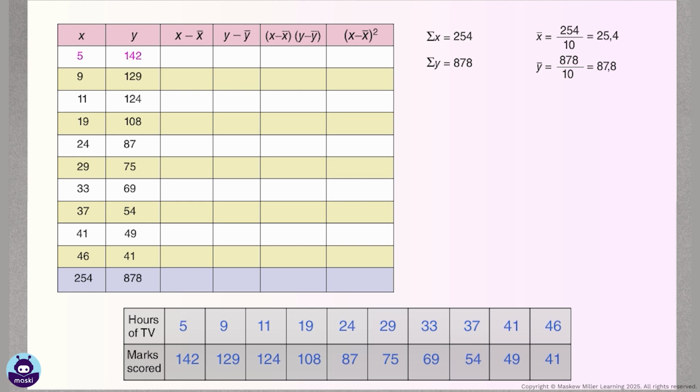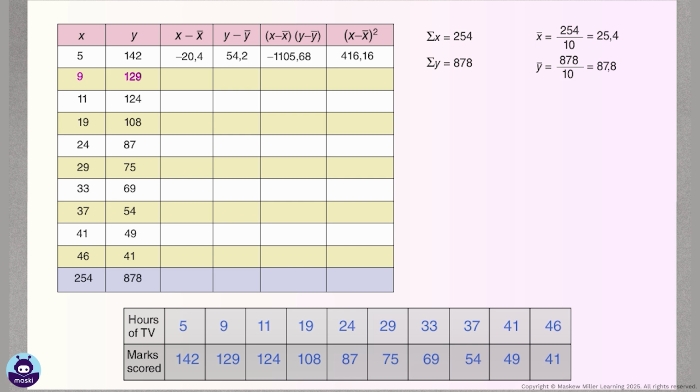Now, for x is equal to 5 and y is equal to 142, x minus x bar is equal to negative 20,4, y minus y bar is equal to 54,2, x minus x bar times y minus y bar is equal to negative 1,105,68, and x minus x bar the whole square is equal to 416,16.